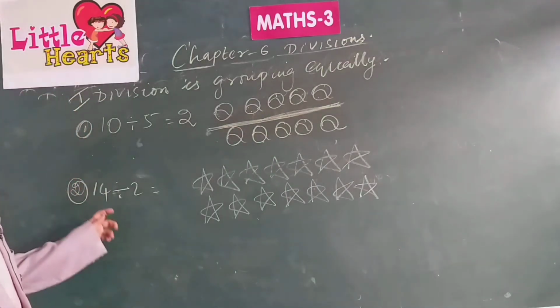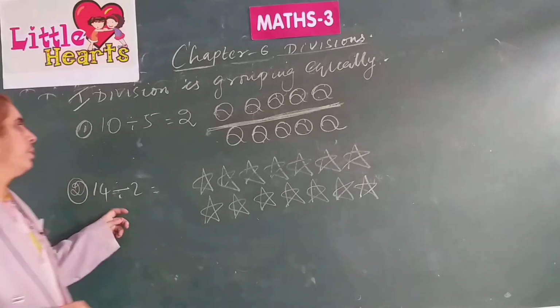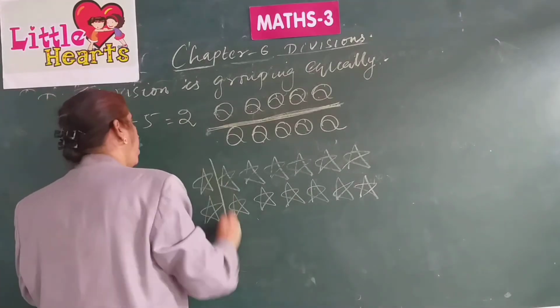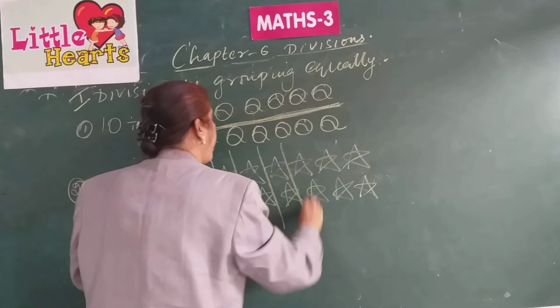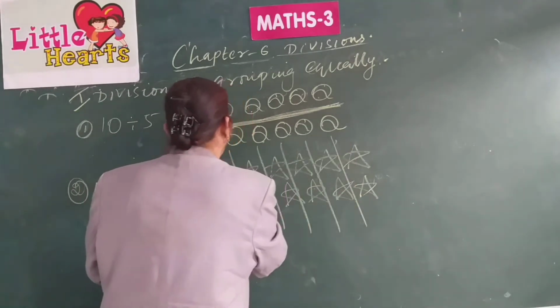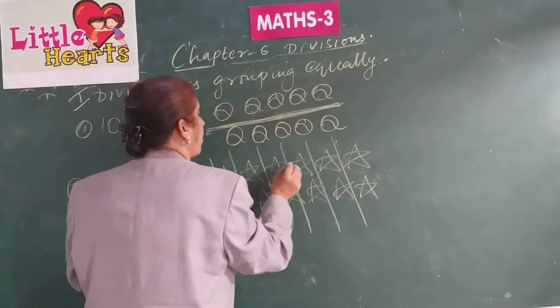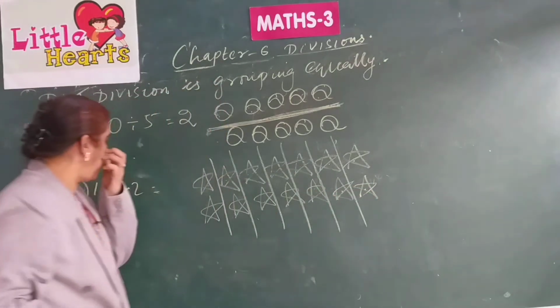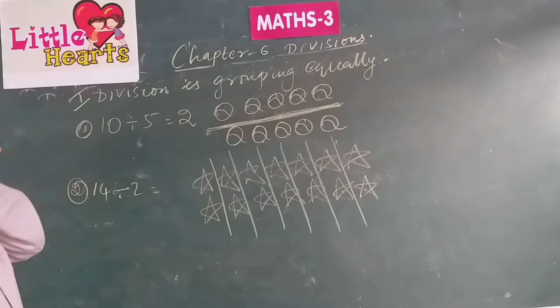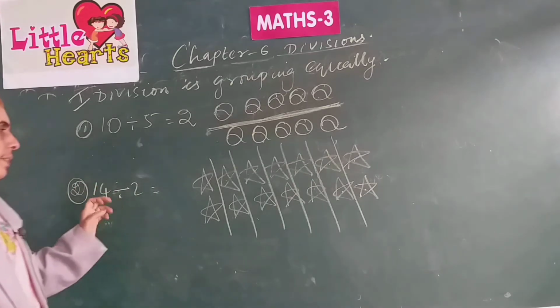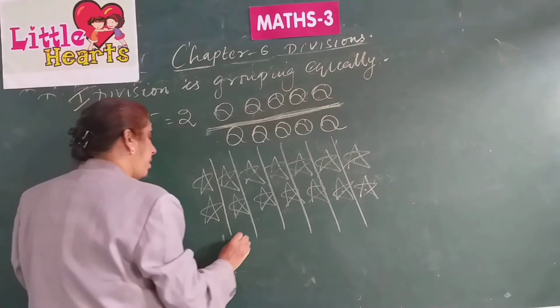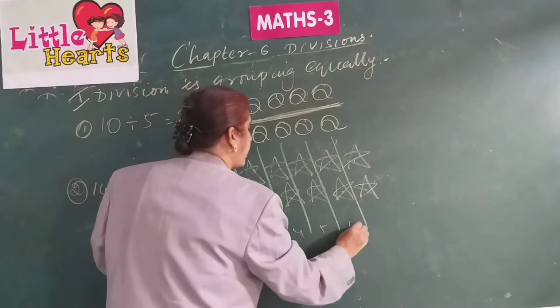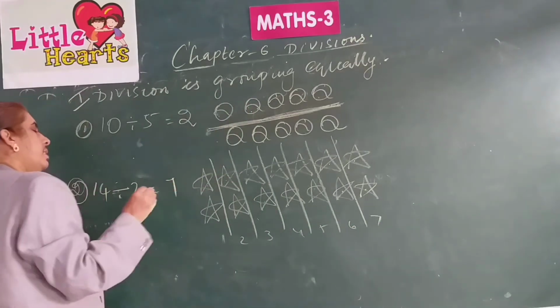And 14 divided by 2. Each group has 2 articles, and we have 14 stars. 14 stars are there, and we are dividing by 2. Then how many groups do we have? 1, 2, 3, 4, 5, 6, 7. 7 groups.